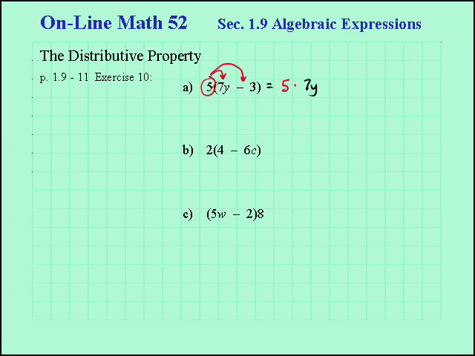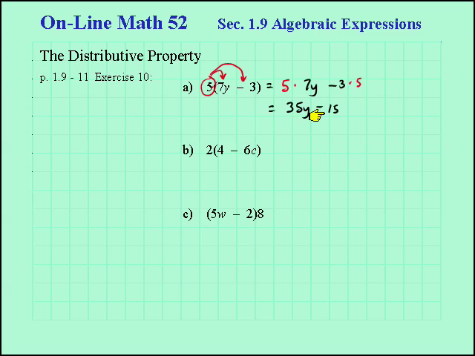I'm going to write it this way. Minus 3, but still times the 5, because everything will multiply times the 5. The 5 will multiply times the 7y. The 5 will multiply by the negative 3. And when we simplify that, that's 35y minus 15.